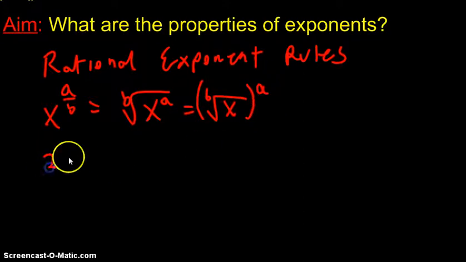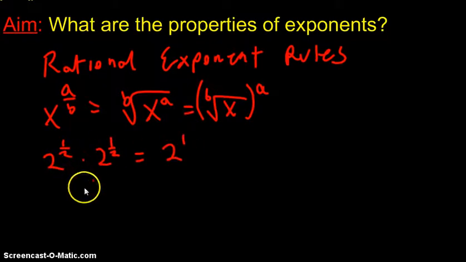Let's say we had 2 to the 1/2 power times 2 to the 1/2 power. That's equal to 2 to the 1st power by the additive rule, or the multiplication rule. 1/2 plus 1/2 is 1. So these two things multiply together and equal 2. Alright? So this is 2 to the 1/2 squared equals 2.